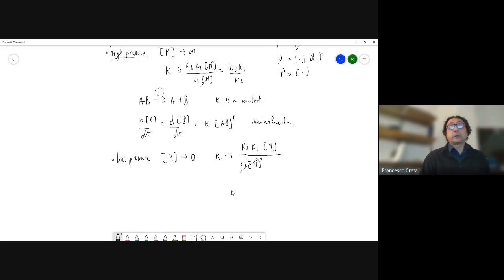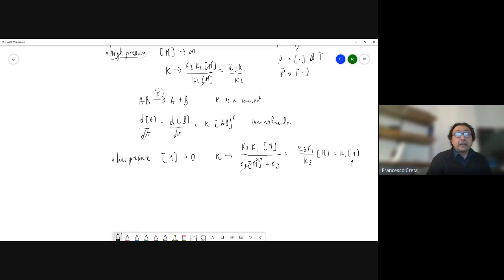Okay, this is going to 0 plus K3. So you see now that there is a different expression for the global rate. This is divided by K3 M. So it's actually K1M.